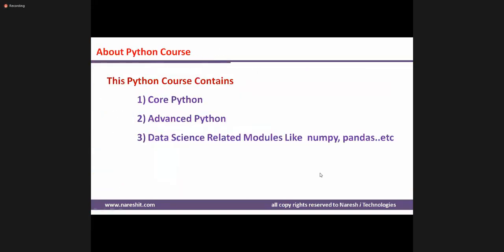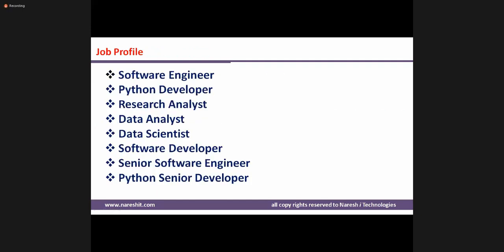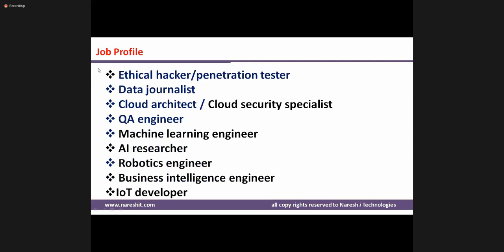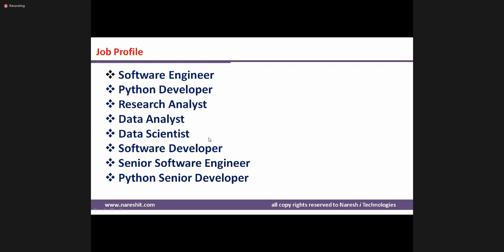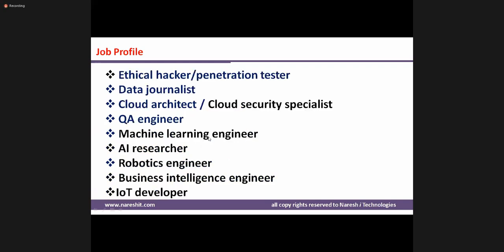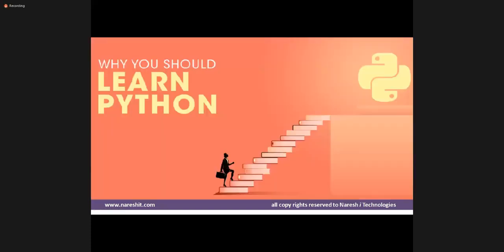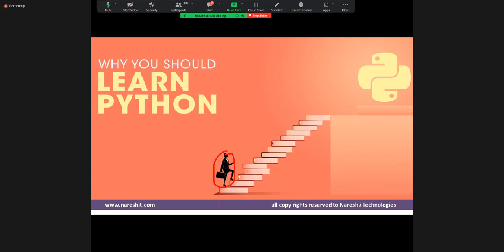This is the job profile. To select any one of the job profiles, we need to have Python coding language. In the demo sessions only I said what different job profiles there are. These many job profiles where Python coding is compulsory. That's why our journey started here.